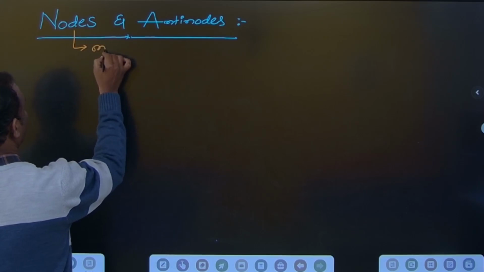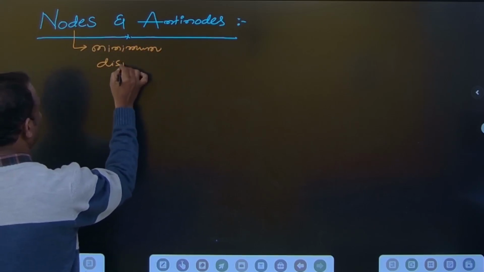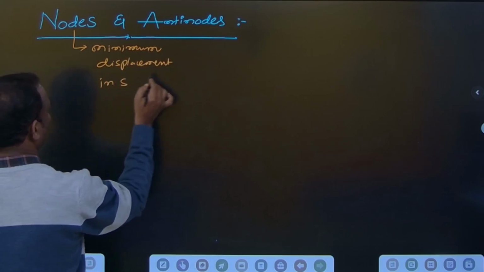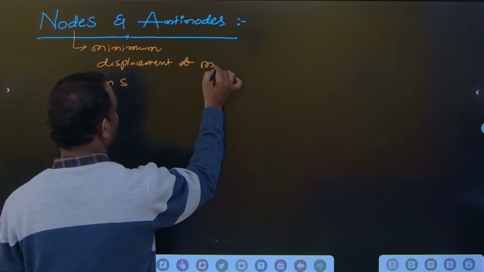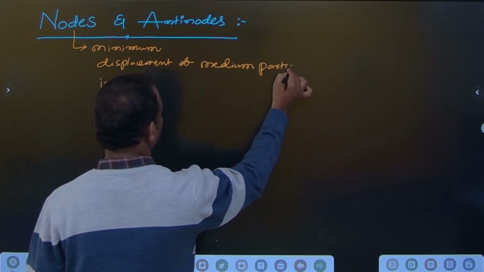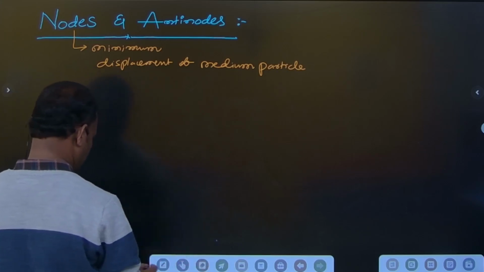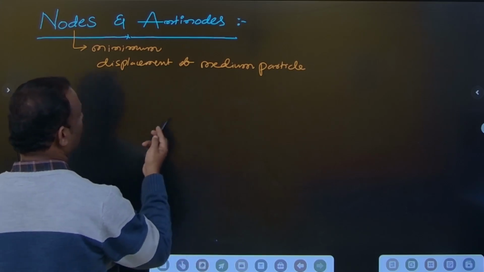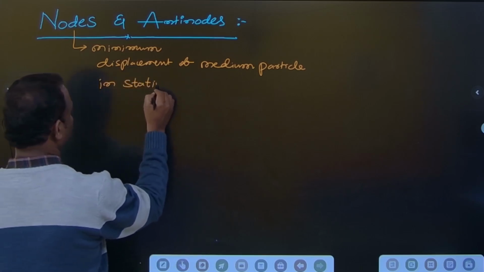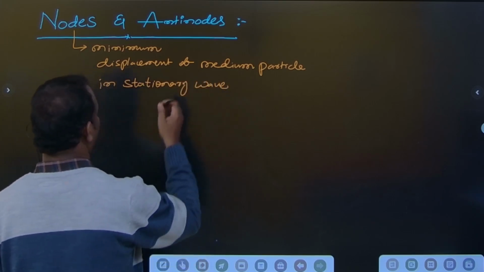Nodes are the minimum displacement of a medium particle in a stationary wave. The next one, what is an antinode?